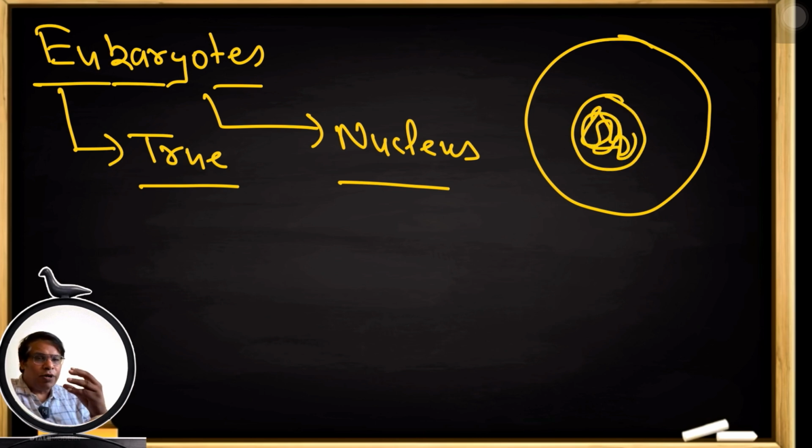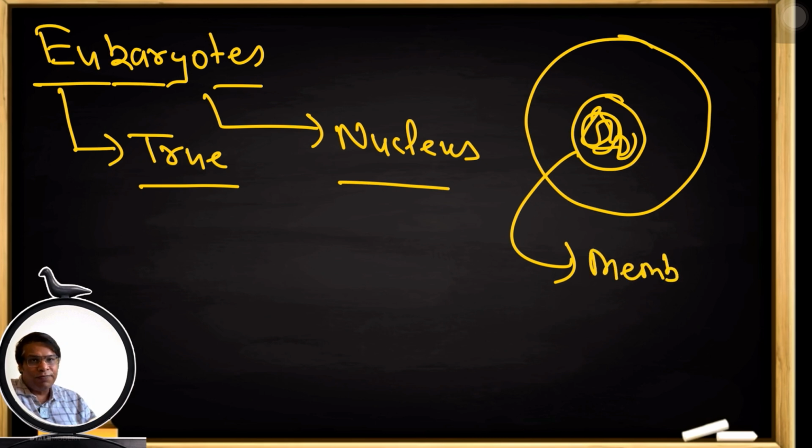Within the eukaryotic cell, if you take animal cell, if you take plant cell, what you are going to see is membrane bound nucleus. The genetic material is surrounded by a nuclear membrane. So here you are going to see true nucleus, membrane bound nucleus.